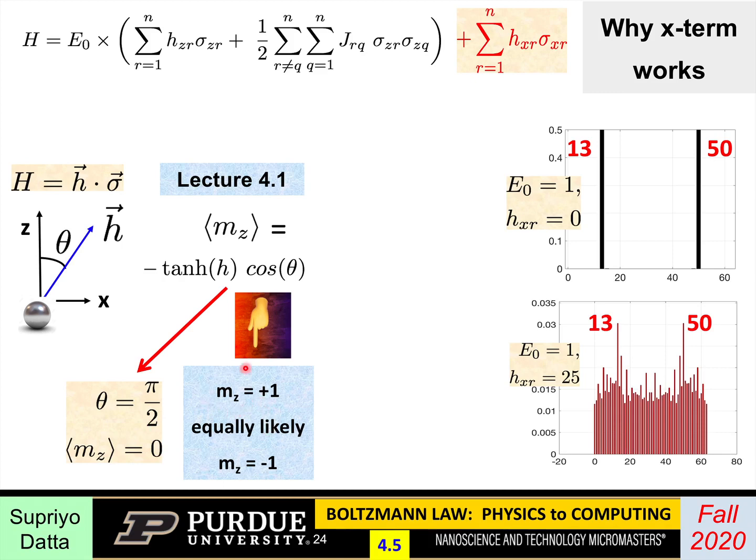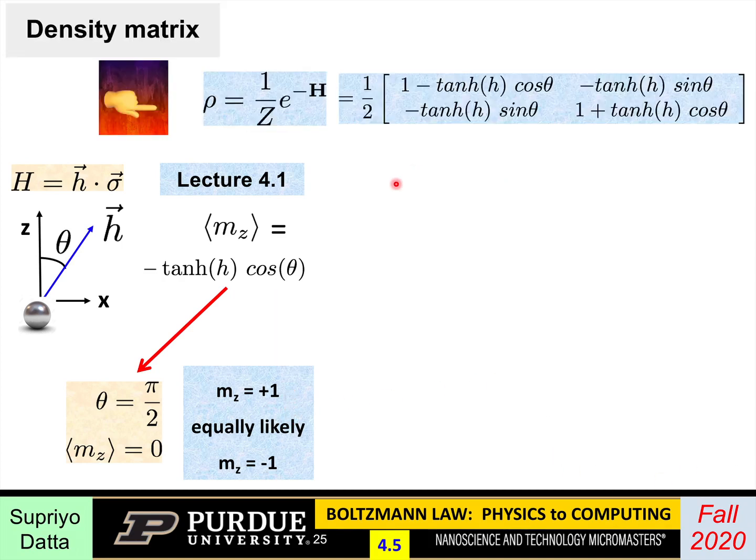What that means is that plus 1 and minus 1 are equally likely. And of course, if plus 1 and minus 1 are equally likely, that then tells you that all the states become kind of equally probable in that case. So that's kind of how the Hx works.